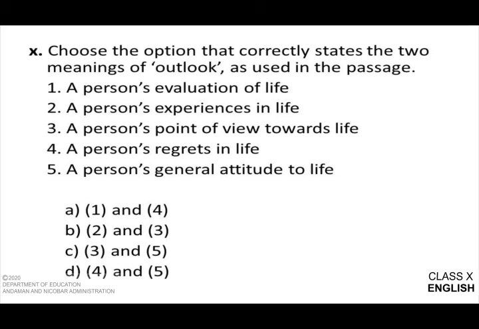Again, you should know the meaning of outlook. Out of these options: a person's evaluation of life, a person's experience in life, a person's point of view towards life, a person's regrets in life, a person's general attitude to life. Option C would be the right option, that is 3 and 5.